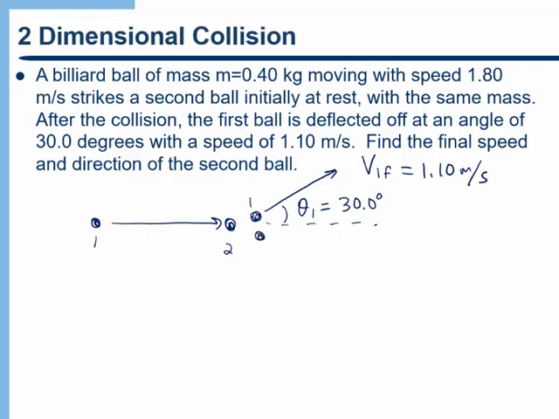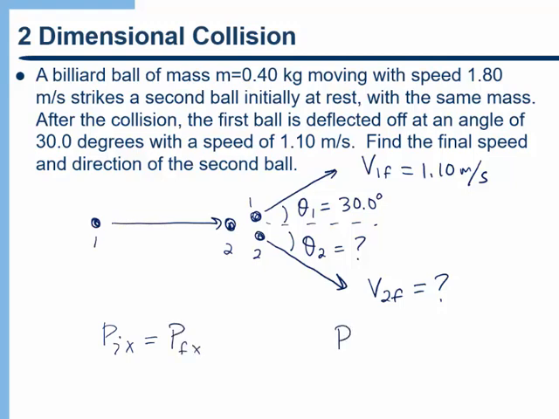Object number 2 is going off at some final velocity that we don't know at some angle that we don't know. So why don't you go ahead and see if you can solve this problem. Again, you want to start with the fact that p_ix is equal to p_fx and p_iy is equal to p_fy. So those are your starting points.